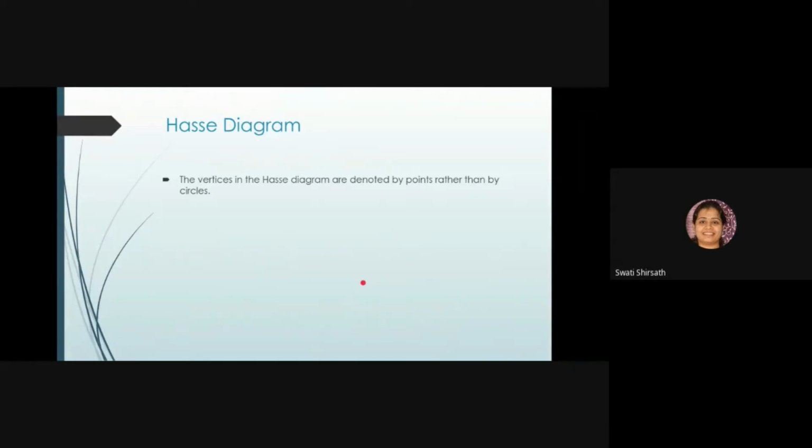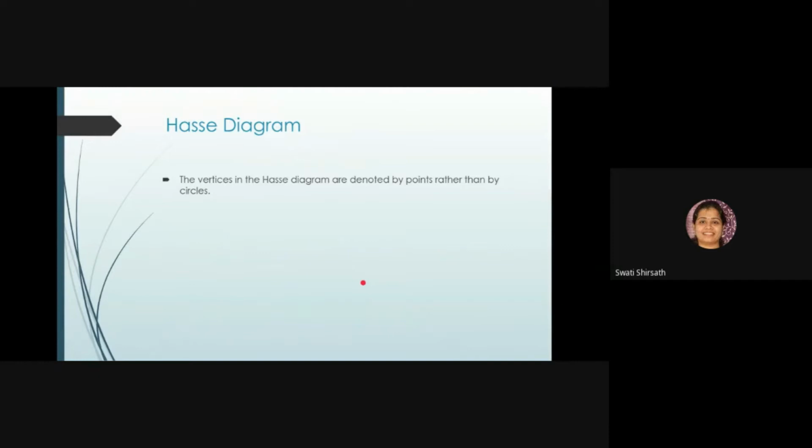Also it is reflexive, transitive, and antisymmetric. So there will be repetitions of edges in your digraph, and those are removed in the Hasse diagram, and accordingly you can have that diagram for the given poset.